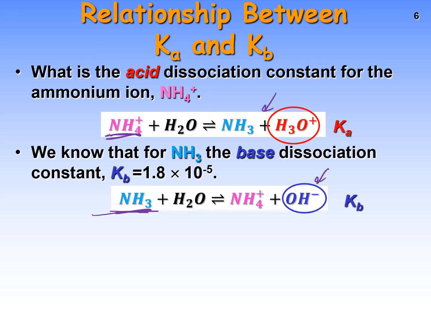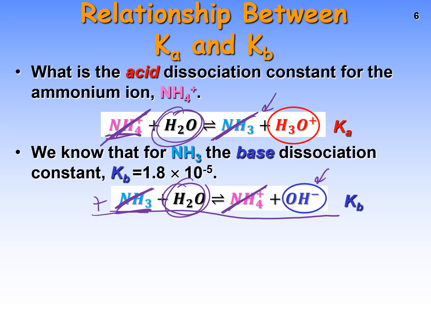If I add these two together, notice what happens here. The H2O adds together. The NH3 here cancels with the NH3 there. The NH4+ cancels with the NH4+ there. And what we're left with is H2O plus H2O on the reactant side, and H3O+ plus OH- on the product side.